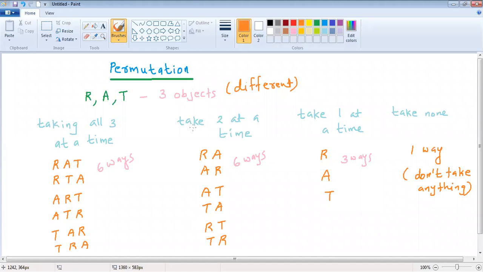So now there is a formula to this. The formula is like this: nPr. That means you have n objects.